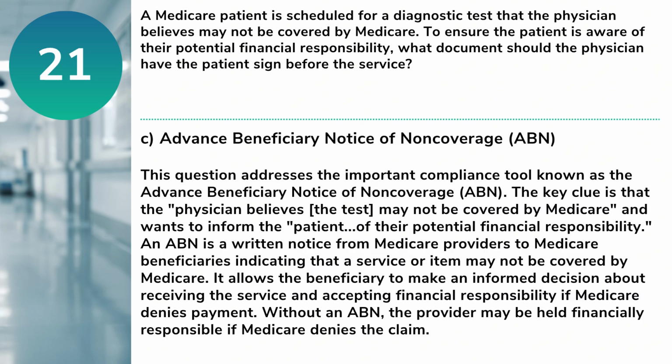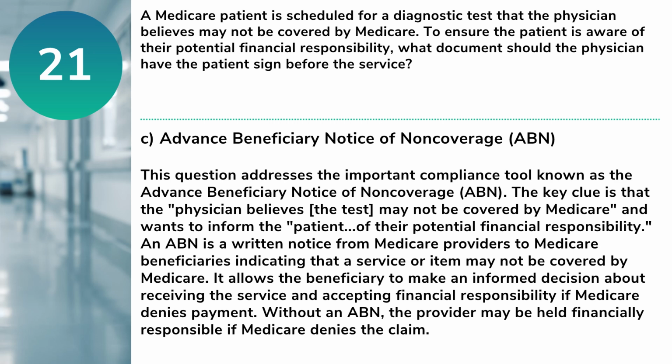Answer: C. Advance Beneficiary Notice of Non-Coverage, ABN. This question addresses the important compliance tool known as the Advance Beneficiary Notice of Non-Coverage, ABN. The key clue is that the physician believes the test may not be covered by Medicare and wants to inform the patient of their potential financial responsibility.